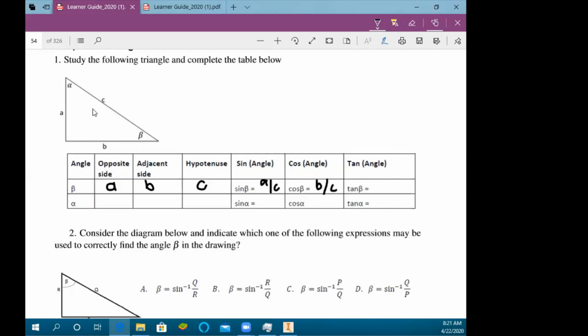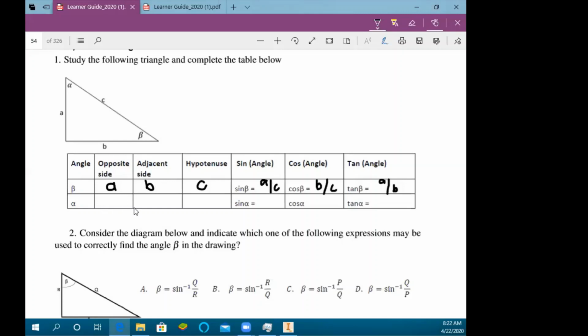In this case, the adjacent is B, the hypotenuse C. Then the tan is the ratio of the opposite to adjacent. The opposite of beta is A, so it's A over the adjacent of beta, which is B in this case.